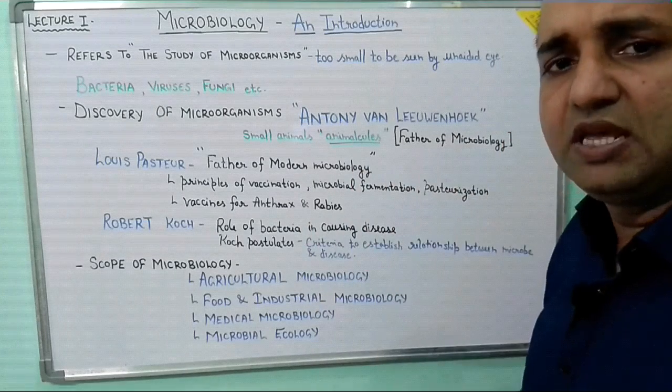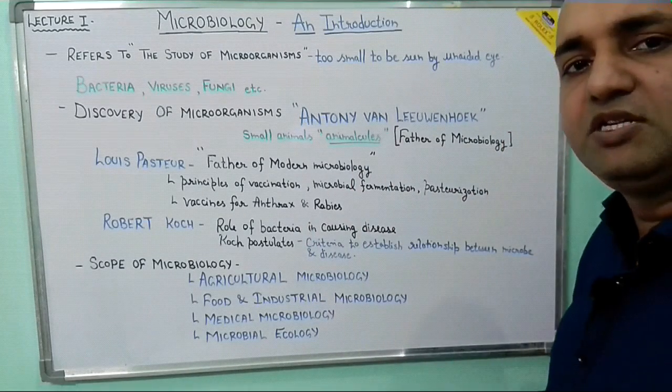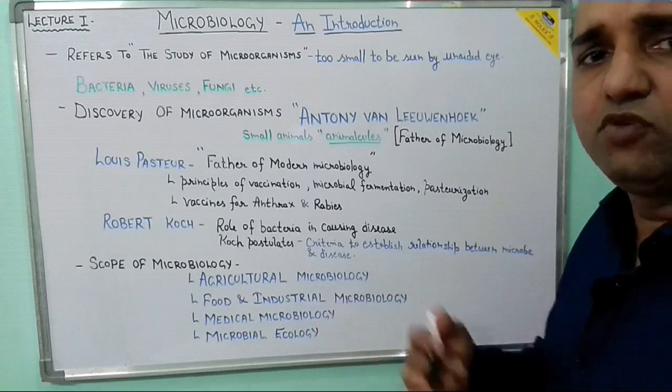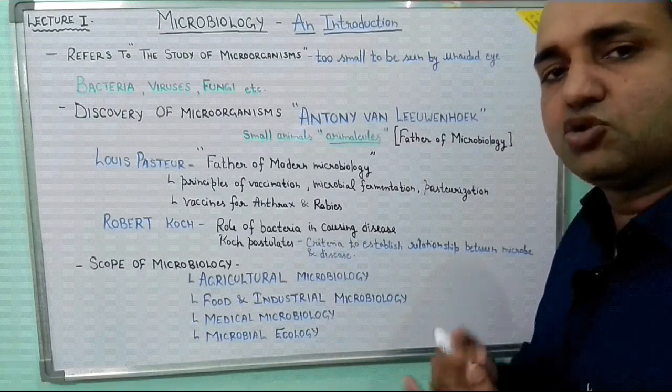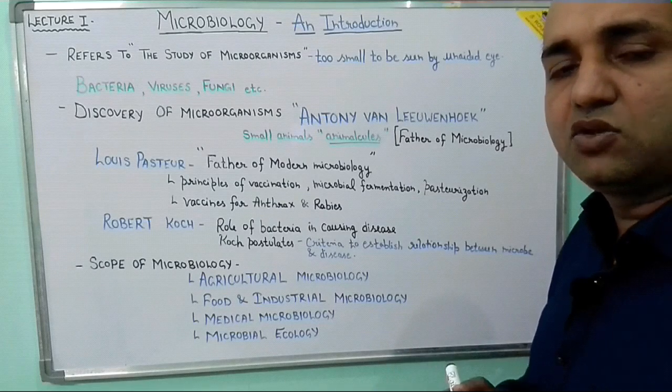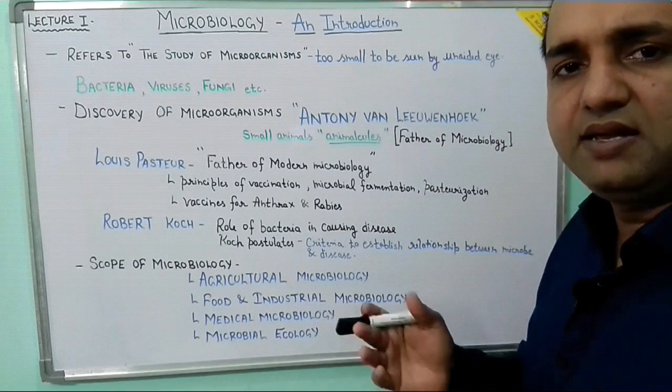Now these scientists, along with many other scientists, made numerous discoveries in microbiology that are very helpful in the present world, whether we are dealing with research on diseases, on vaccines, on agriculture or any other field.